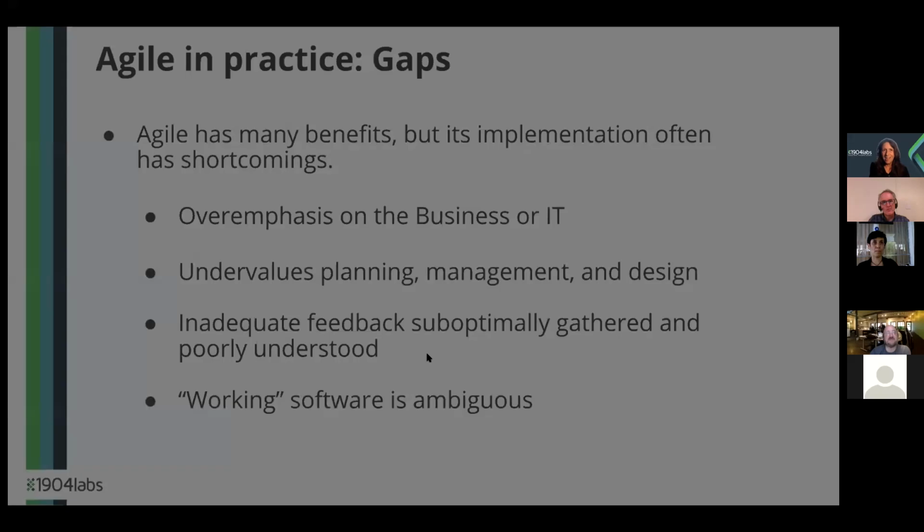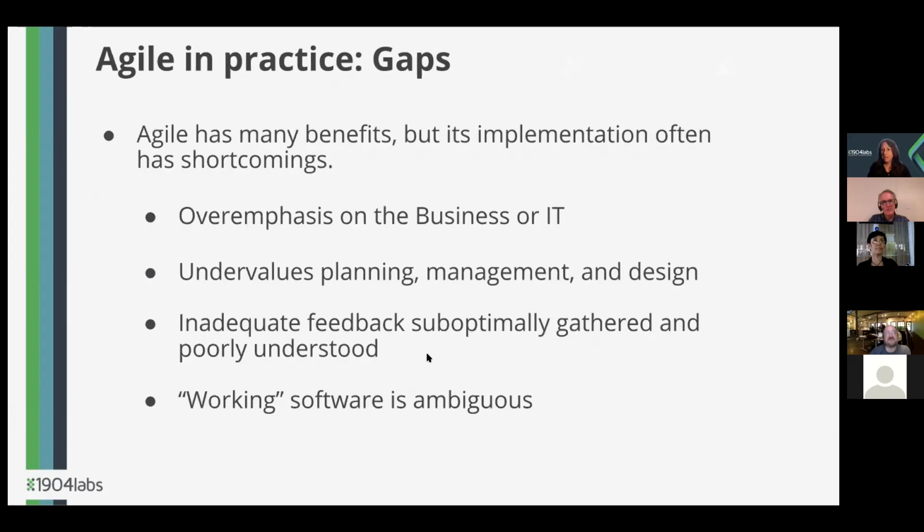However, in practice, there are gaps in Agile as well, right? Lots of benefits, but the implementation often has shortcomings, right? So a lot of times Agile overemphasizes the business and IT over users. So yes, we're being very responsive, but a lot of that responsiveness comes from having long conversations with business stakeholders and building the features they want, and then doing demos of the MVP instead of gathering user feedback.